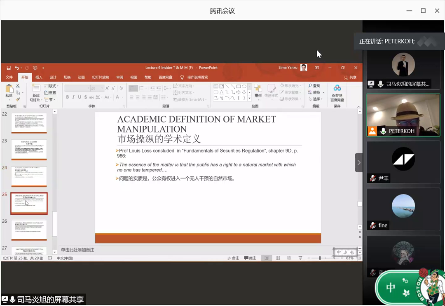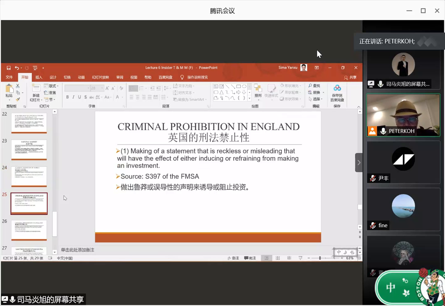25. My very beloved professor. Now, in England, market abuse or insider trading is also a criminal offense. Then you have criminal prohibitions in England. This had to take place: one, the making of a statement that is reckless or misleading, that will have the effect of either inducing investors, or refraining, meaning preventing them from making an investment.